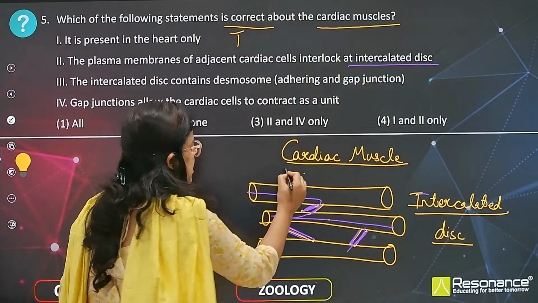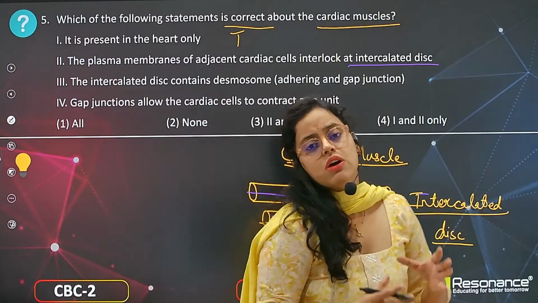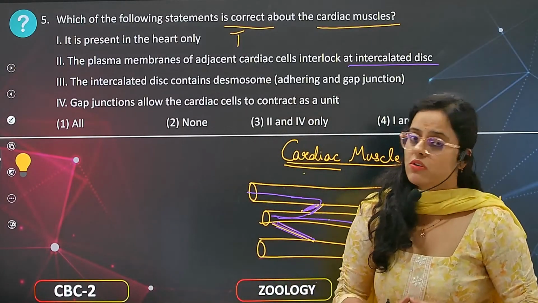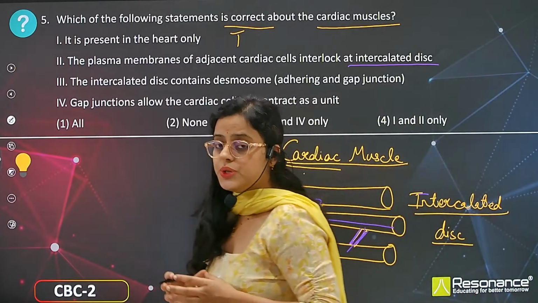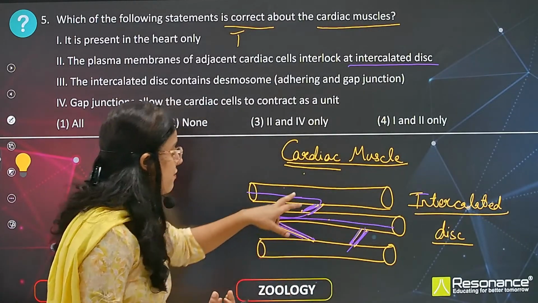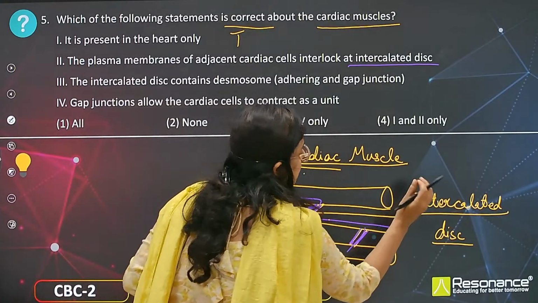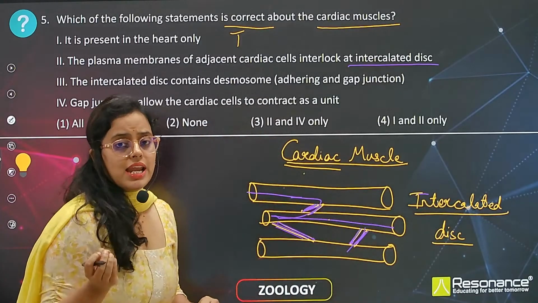And where are these cardiac muscles present? They are present around the heart, which causes contraction and relaxation, which causes pumping of the heart. So the heart continuously works, which means they are continuously contracting and relaxing, and for this they need an immediate connection. So these branches are present, called intercalated disc.